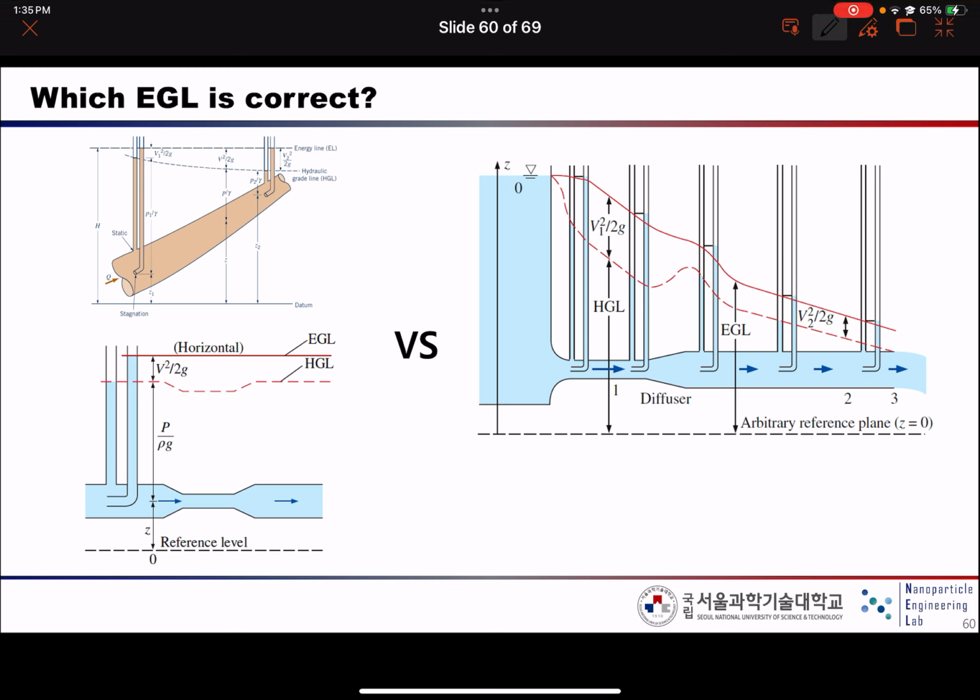But some textbooks claim that, as you can see, the energy gradient line on the left hand side is always constant, right? But here, the energy gradient line keeps decreasing. So which one is correct?